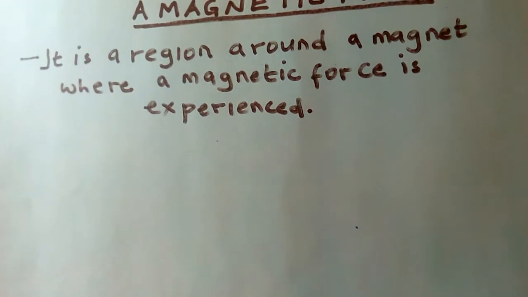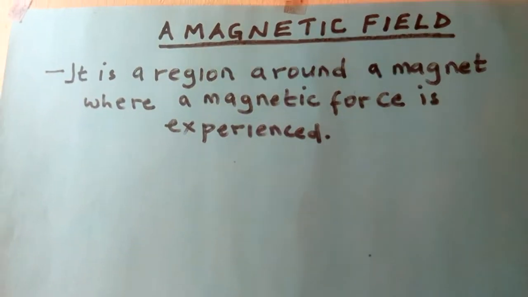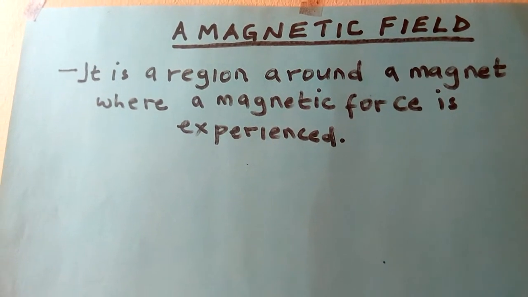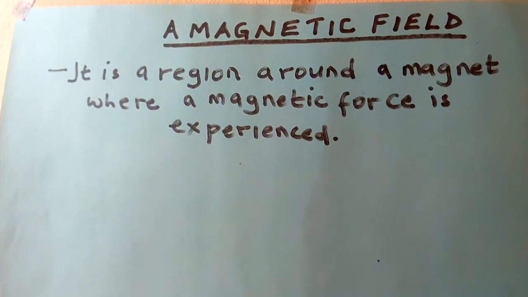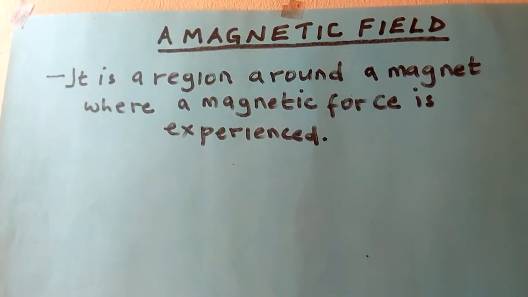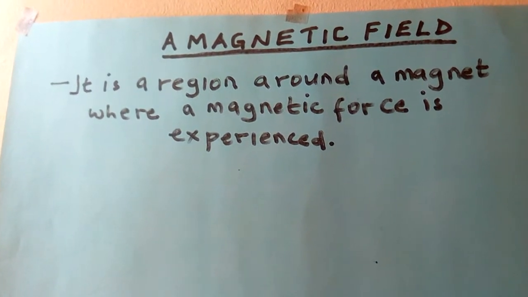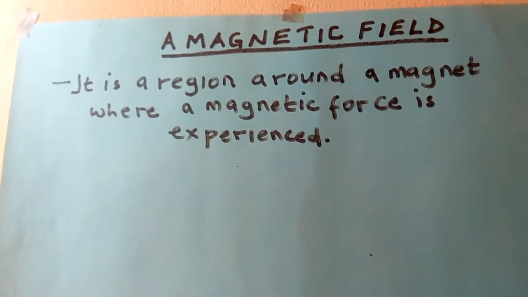What does that mean? If you have a magnet and then you bring a small piece of iron nail or razor blade, the distance between that razor blade and the magnet matters. If the distance is very far, automatically the magnet will not attract.